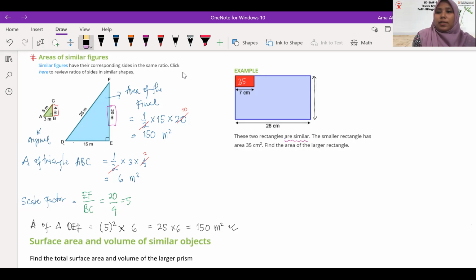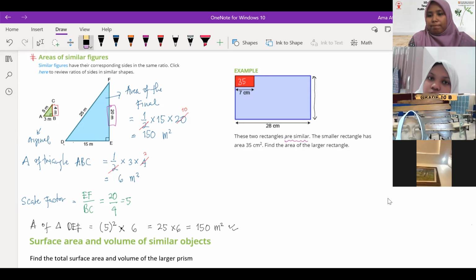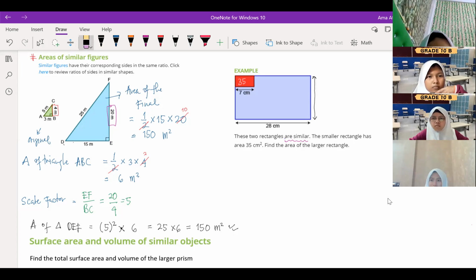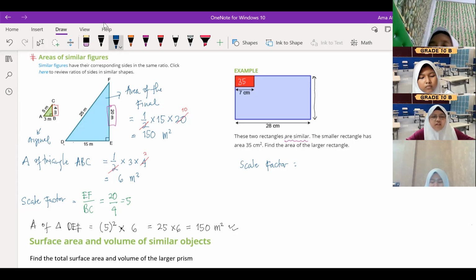I will ask the student here, Najwa, can you help me to find the scale factor of this? What is the scale factor, Najwa? It's 4.